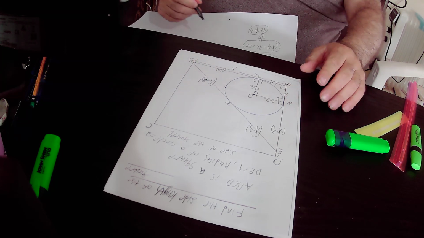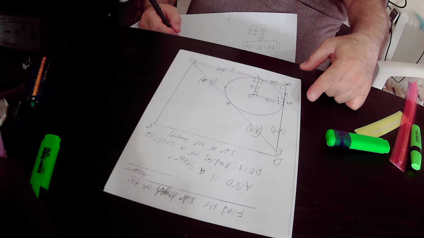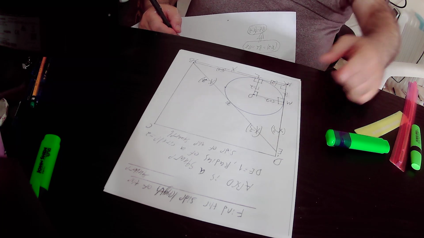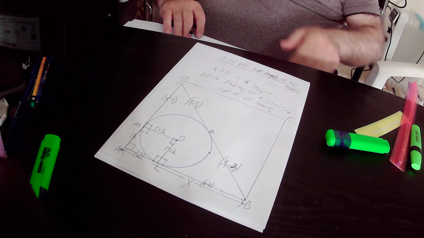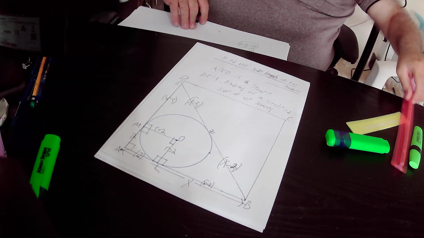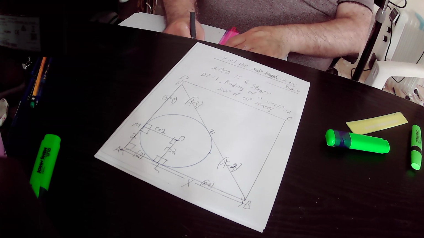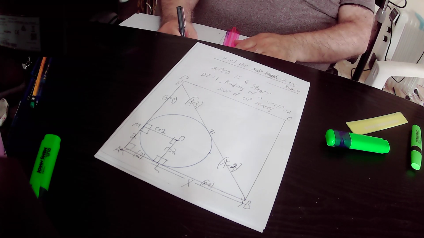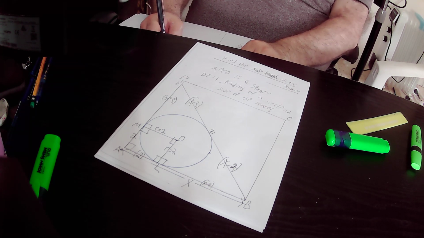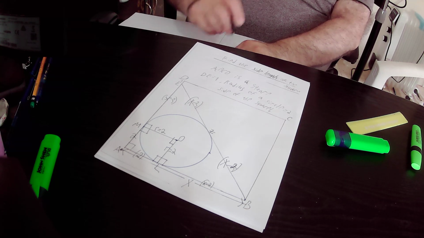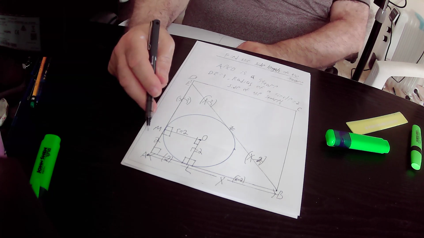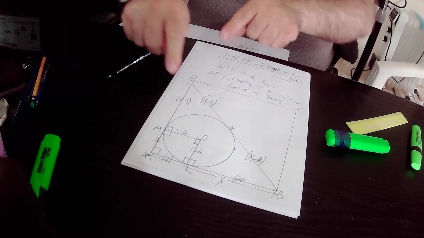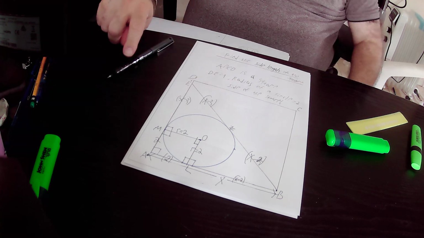In the next step we find out the length of line segment AE. From the drawing, it is very easy to see that AE equals AD minus DE.